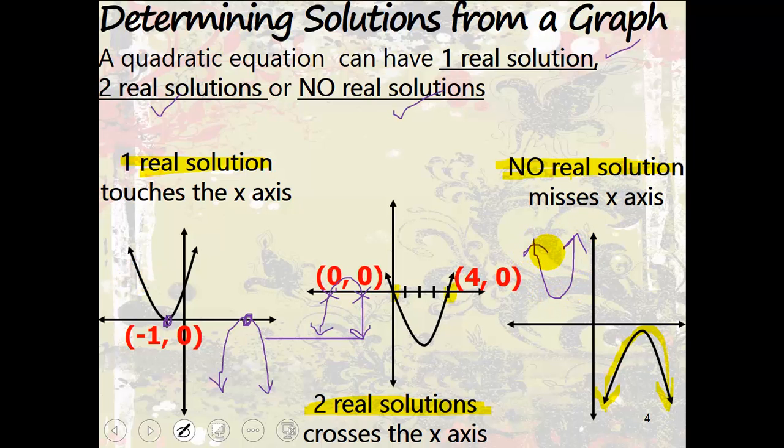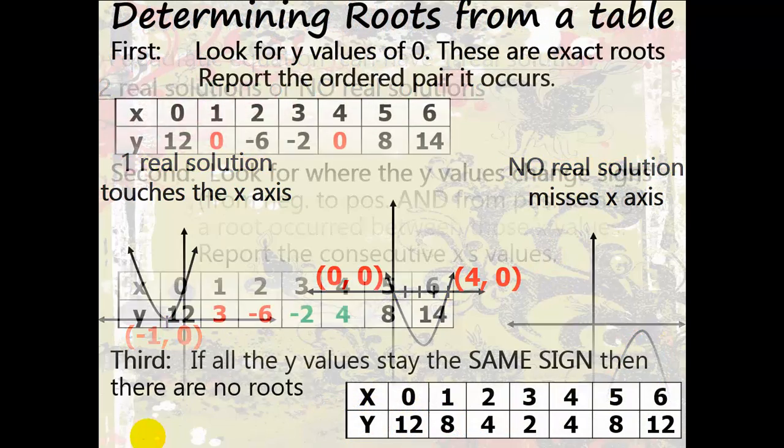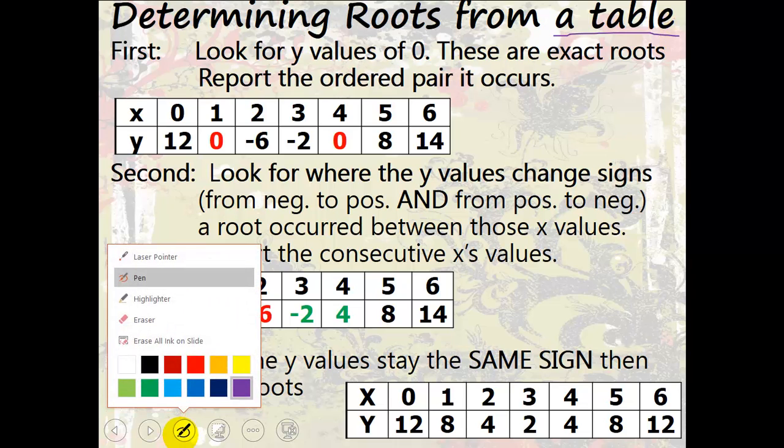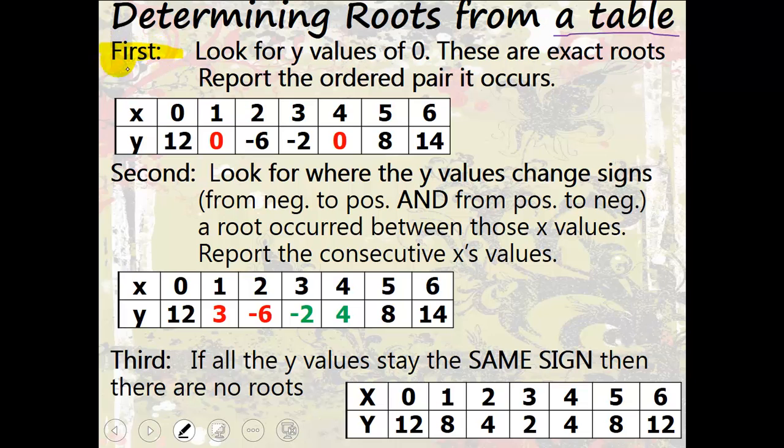All right, we can also look at a table. Sometimes we'll make our own table, sometimes we'll be given a table, but we can tell where the solutions are from a table. To do this, here's a process that you might want to follow. First, look for any y coordinates of 0.